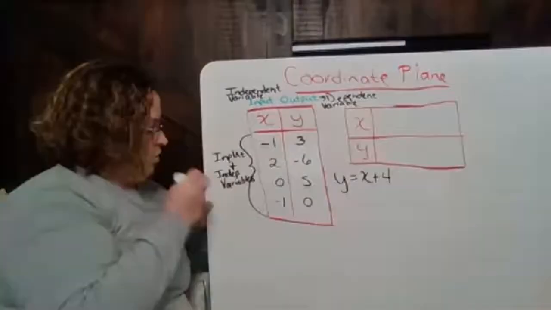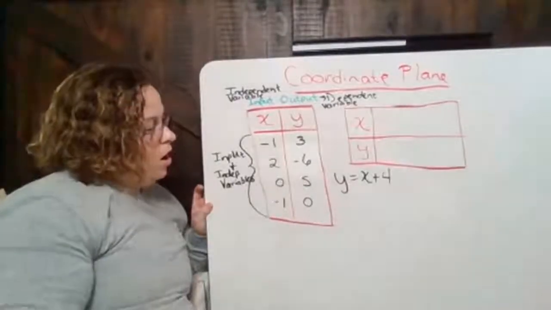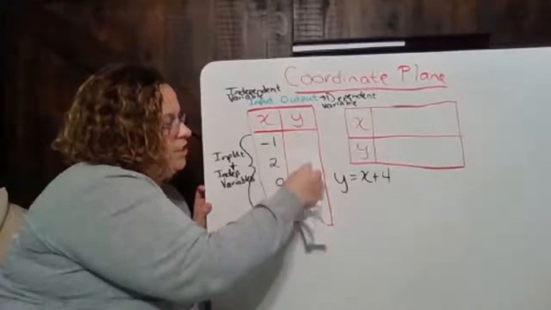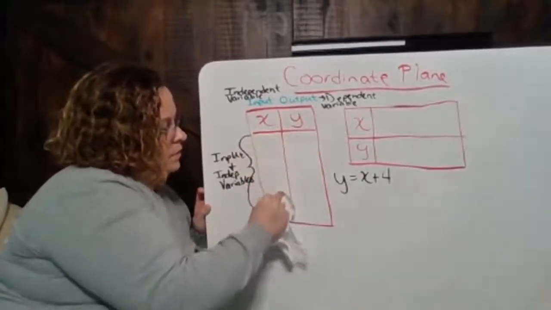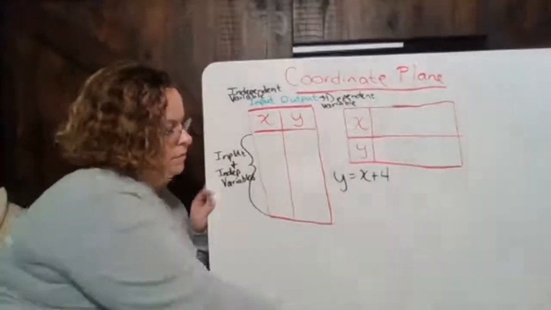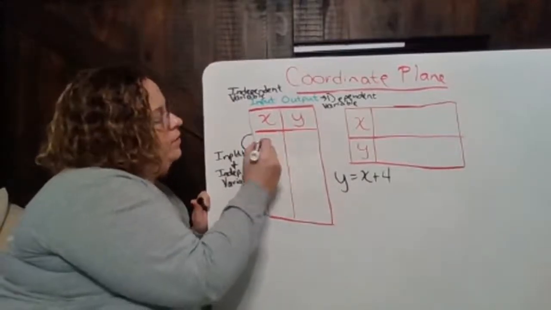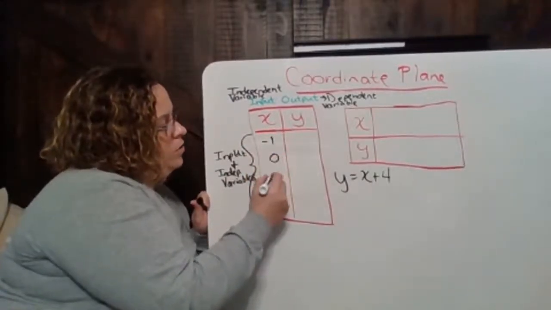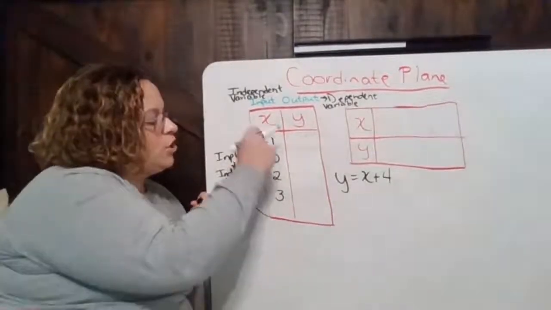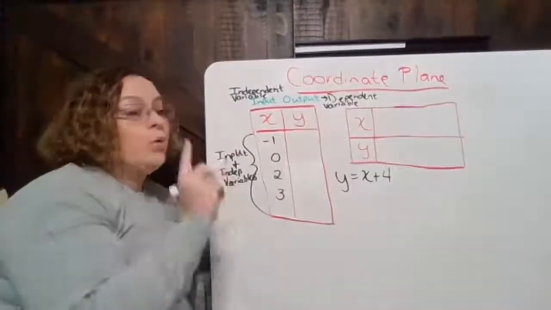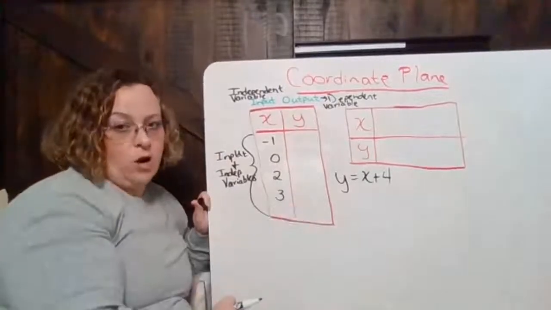And I tell you that your X values are, let's say, -1, 0, 2, and 3. So here are your X values. These are your input. I want to know what your output is. I want to know what your dependent values are.